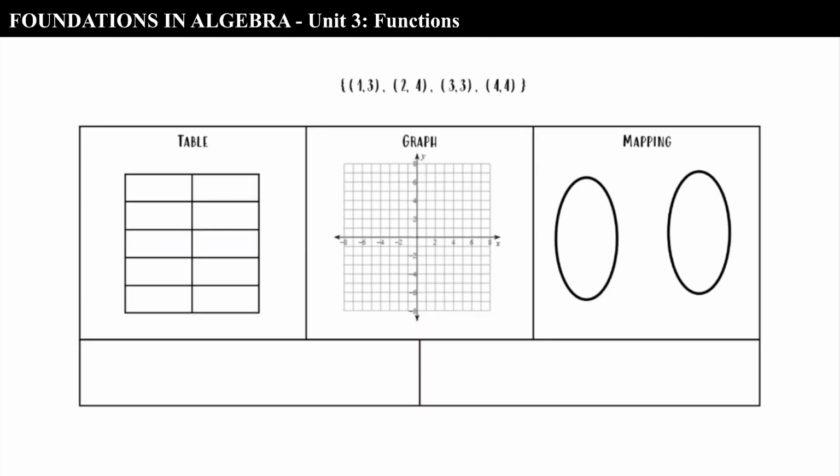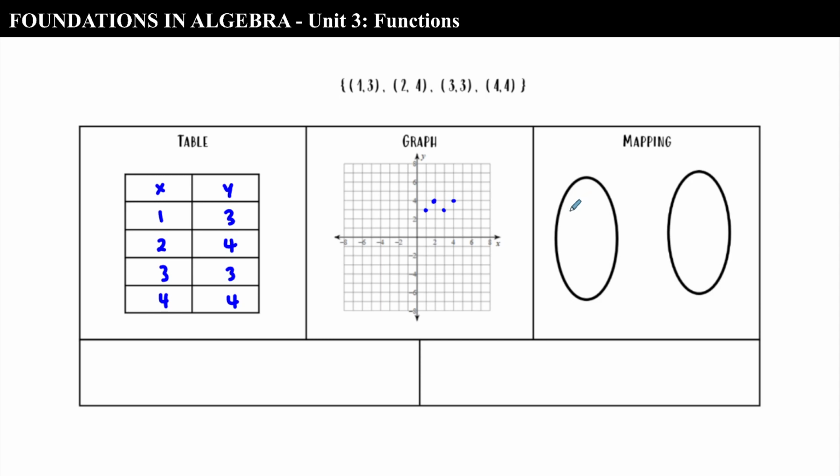In the next example, we've got our x values and our y values. We've got 1, 2, 3, 4. And our y's that go with it, 3, 4, 3, 4. So when we graph it, it's going to look like this. We have (1, 3), (2, 4), (3, 3), and (4, 4).